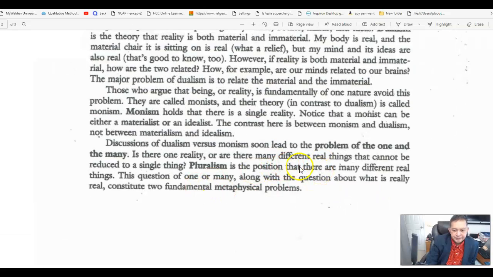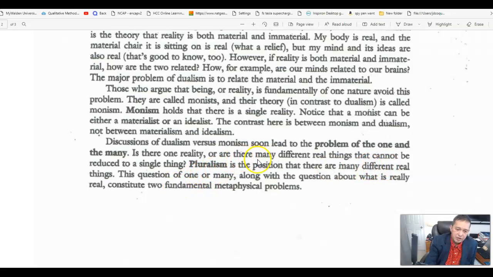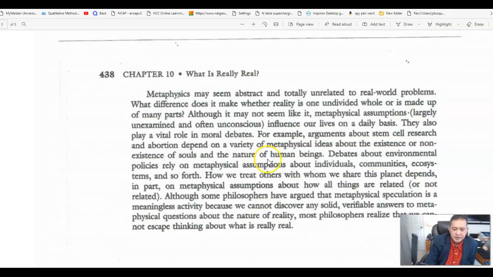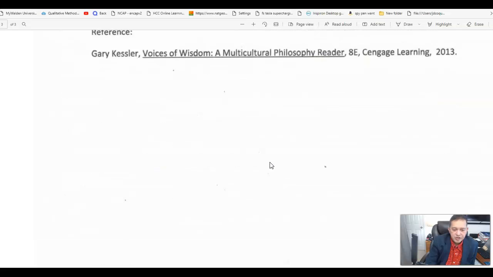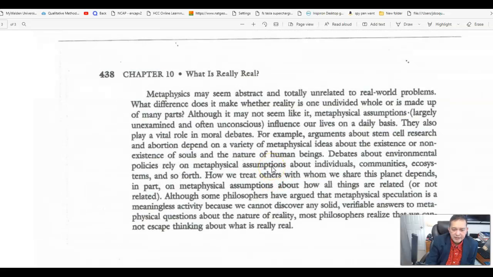What about monism? Monism holds that there is only one single reality. Now, pluralism argues that there are many real things that exist in the world. So those are the definitions. So I'm putting you on where to get those definitions in our text.